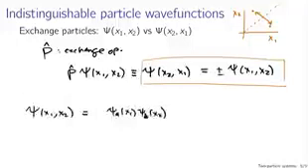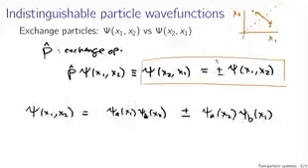This was the distinguishable particle wave function, and it turns out that if I combine this with a permutation of x1 and x2, for instance, psi A of x2 instead of psi A of x1, and then psi B of x1 instead of x2, if I combine these two pieces with either a plus sign or a minus sign, I get something that obeys the requirement that the particles are indistinguishable from the perspective of quantum mechanics. If I'm going to properly normalize this, I'll need a normalization constant out front.